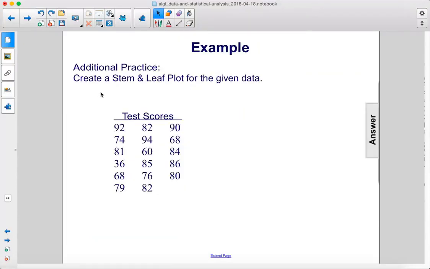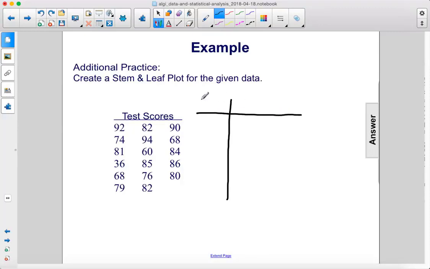Additional practice. Create a stem and leaf plot for the given data. Alright, so we have our stem and leaf. We have numbers that range from the 30s up to the 90s.